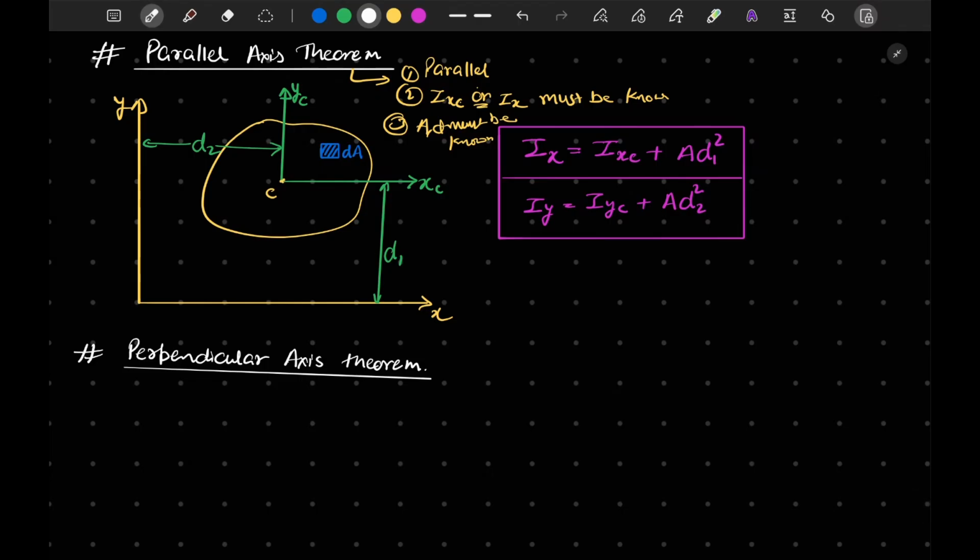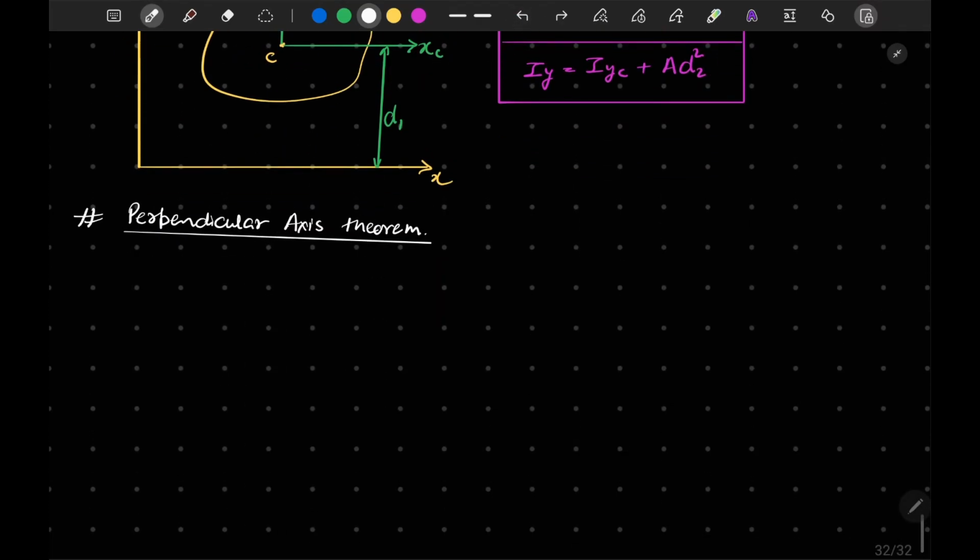Let's say I want to calculate the moment of inertia about the axis which is perpendicular to the given plane, about this axis. This axis is generally called the polar axis. We mention it as Ip, or we can also write it as Iz, and this is called the polar moment of inertia.